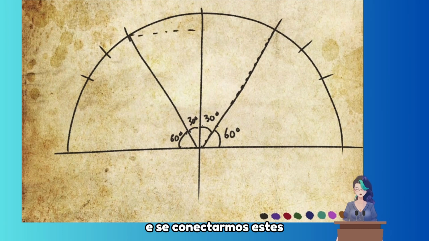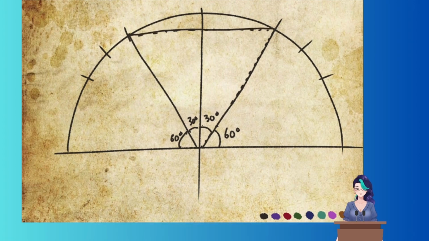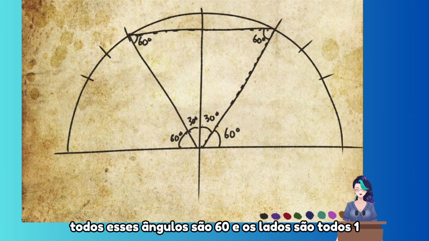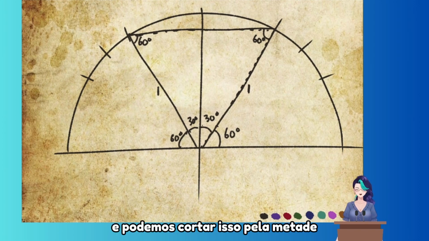And if we connect these, now we have an equilateral triangle right here in the middle. And if all of these angles are 60, and the sides are all 1, that means this whole side is 1. And we can cut that in half. Each of these sides are half.